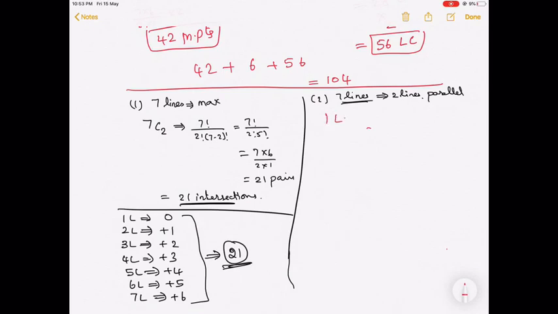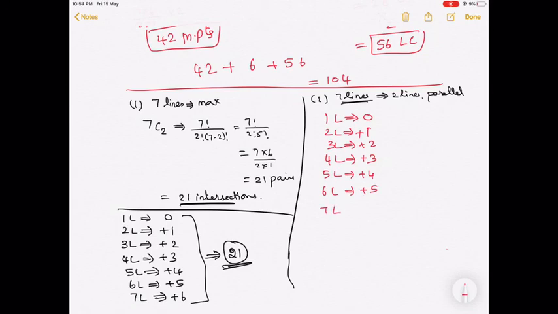So the first line will bring in 0 meeting points. The second line will bring in 1 meeting point. The third line will bring in 2, the fourth line 3, the fifth line 4, and the sixth line 5 meeting points.